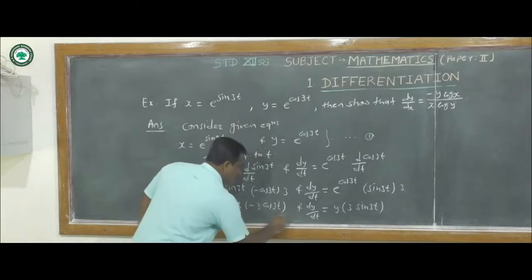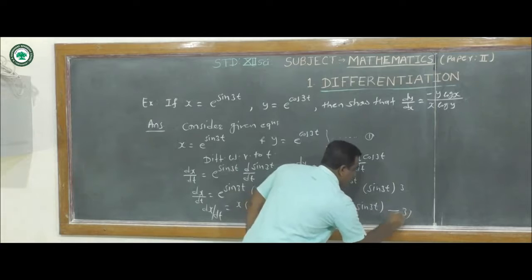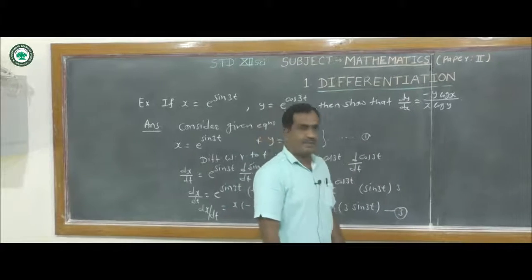Now say this as equation number second, this is equation number third, and we can use here the parametric rule.